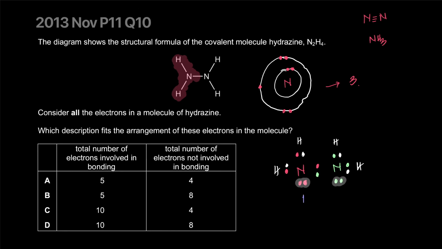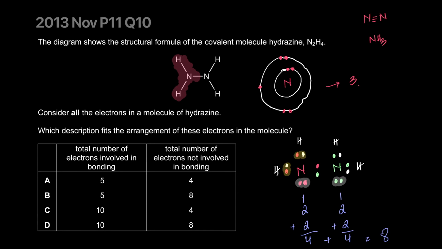That's 2 from this nitrogen and 2 from this nitrogen, plus 2 of each nitrogen on the inside. So that's a total of 4 for each nitrogen. A total of 8 are not bonded, right? And we can see all the bonded ones.